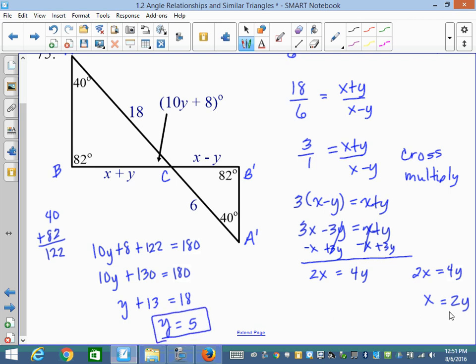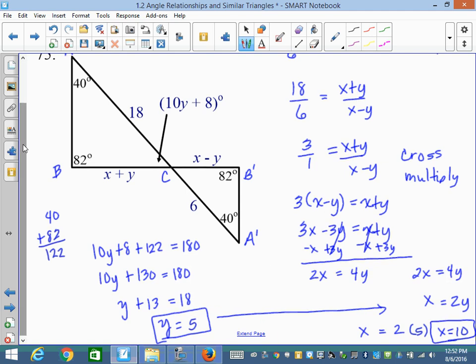So now we can solve for x. X equals 2 times y, but y is 5. So x equals 10. And this is where I get to point out they did not ask you to solve for the missing sides and angles.